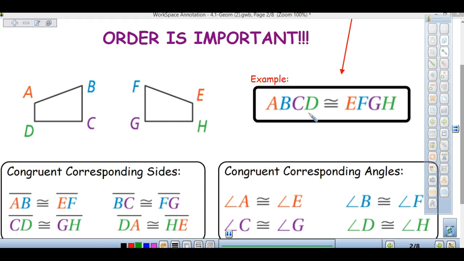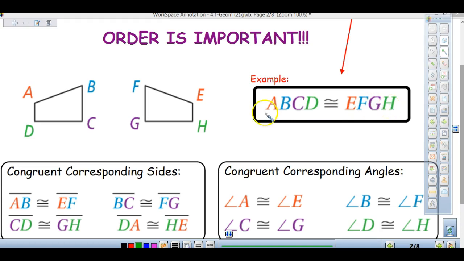Even if they don't look congruent, there's one in your assignment today where the triangles don't look anywhere near congruent, but you can base it off of your congruence statement. Because if ABCD is congruent to EFGH, A is congruent to E, B to F, C to G, and D to H, because they have to be corresponding like that.